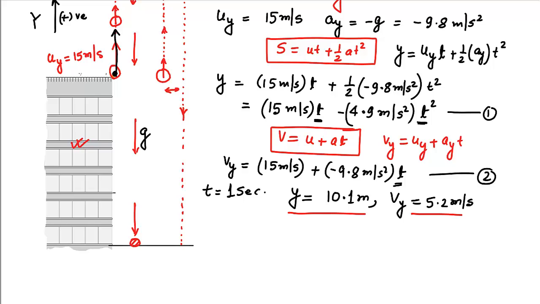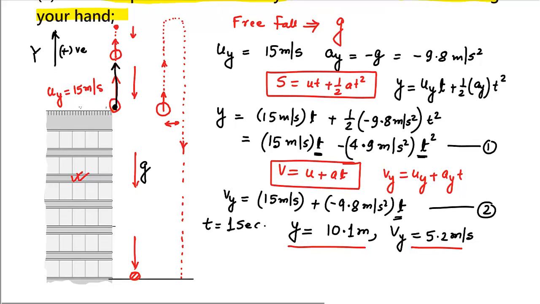This is possible only when the ball is going in the upward direction. So what is y? y is 10.1 meter. I have started from here, so at t equals 1 second the ball is somewhere here, at a distance of 10.1 meter, and the velocity is in the upward direction. So this is the position of the ball, and this is the velocity of the ball.